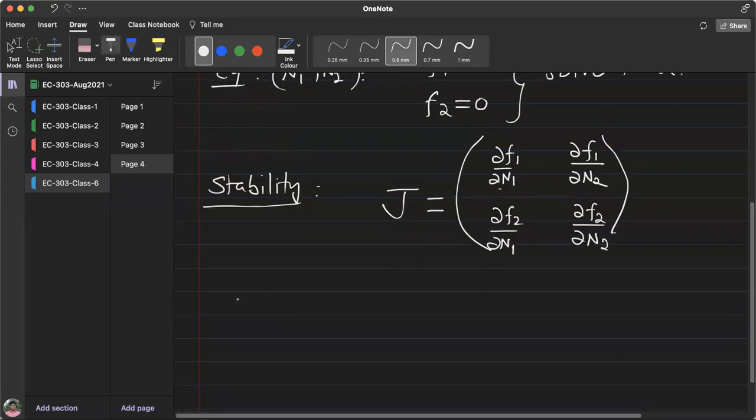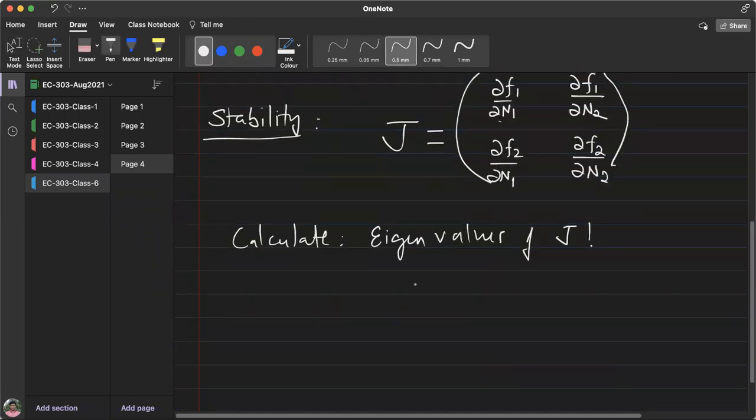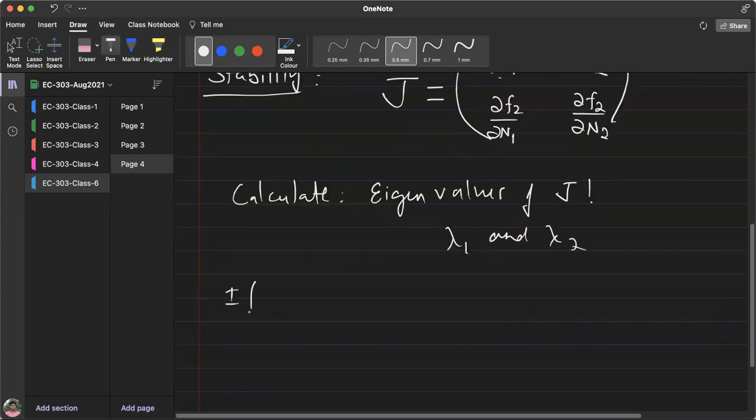We then calculate the eigenvalues of J, let's call them λ1 and λ2. If both λ1 and λ2 are less than 0, we have a stable equilibrium.